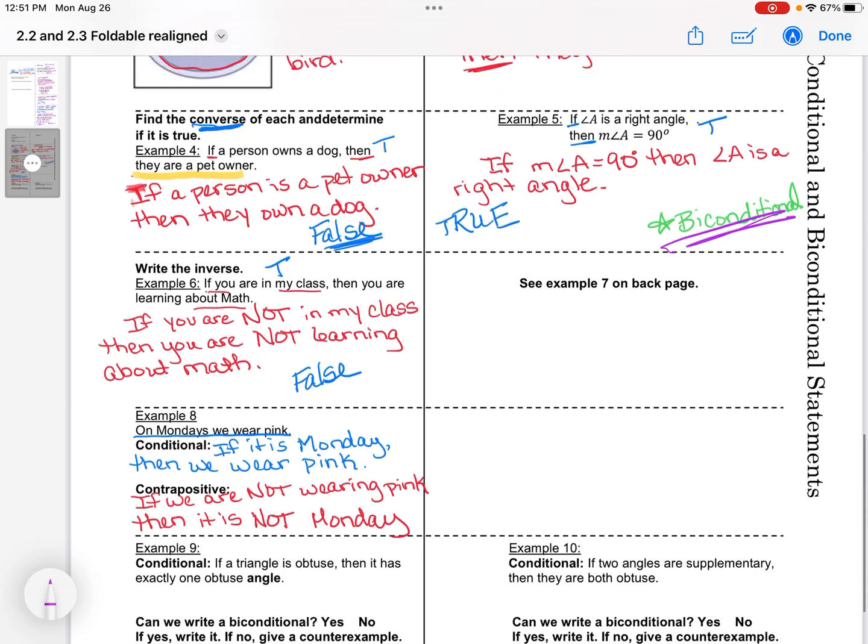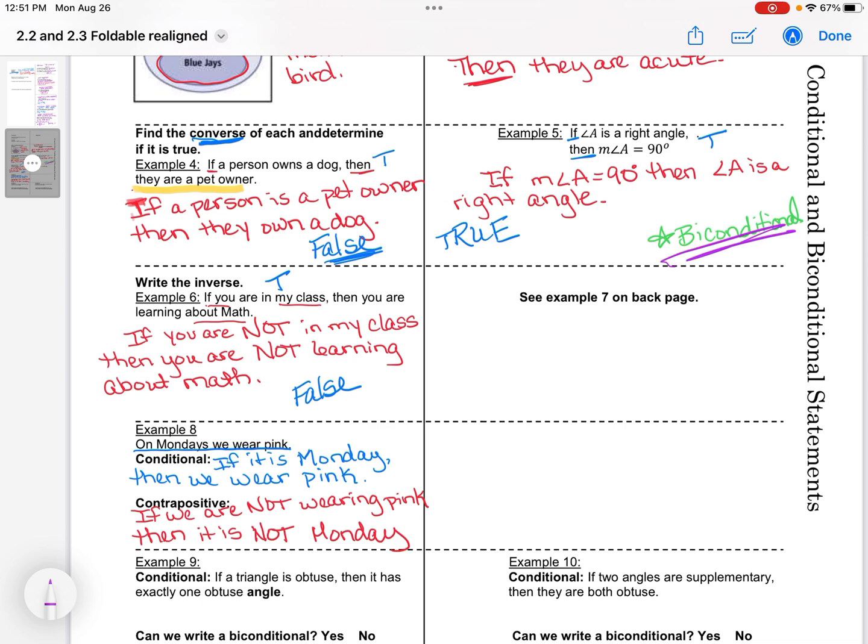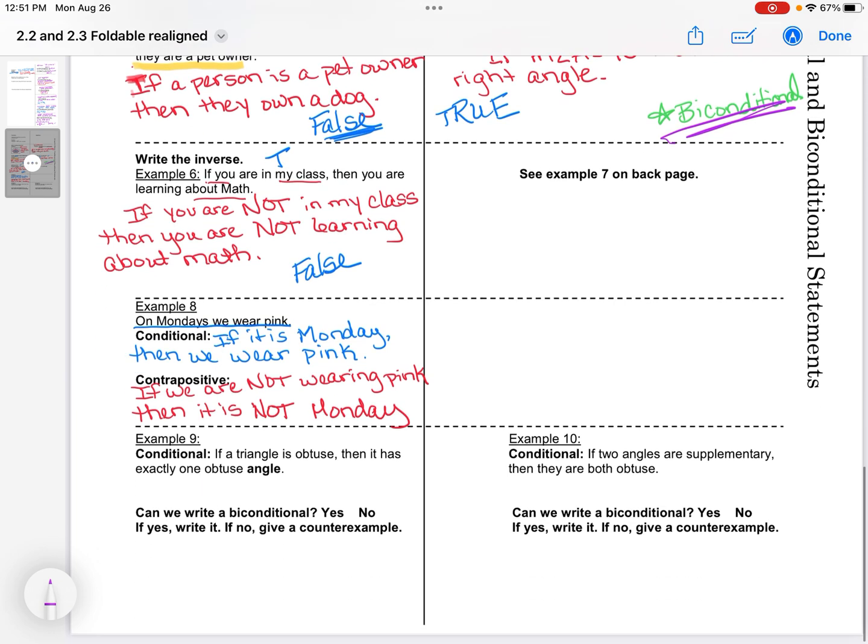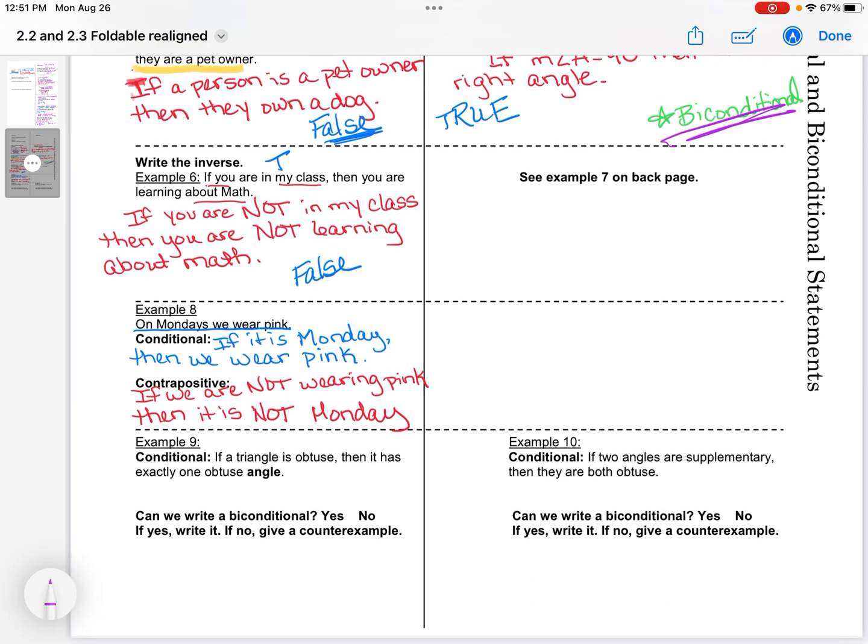We could say measure angle A is 90 if and only if the angle is a right angle.